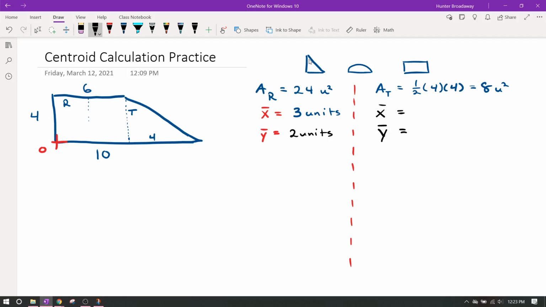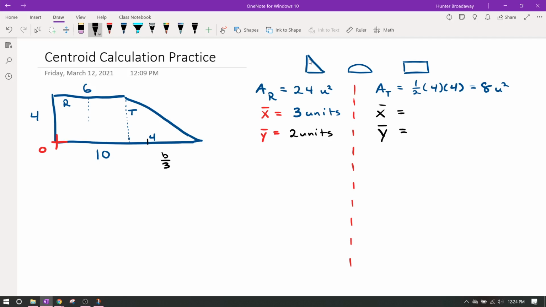Okay, so for the x bar, the base of the triangle is 4, and I know that in order to find the x bar location, it's going to be the base divided by 3 according to our simple formulas that we have for our simple shapes.